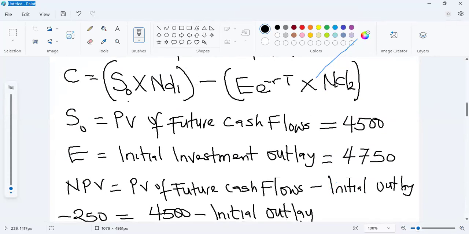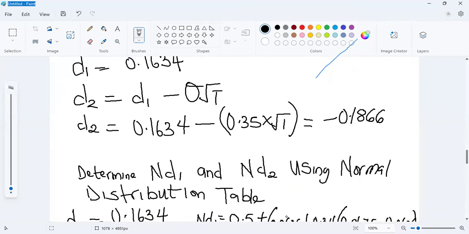Look at the formula again. Our S0 is 4,500, E is 4,750. I can come here.